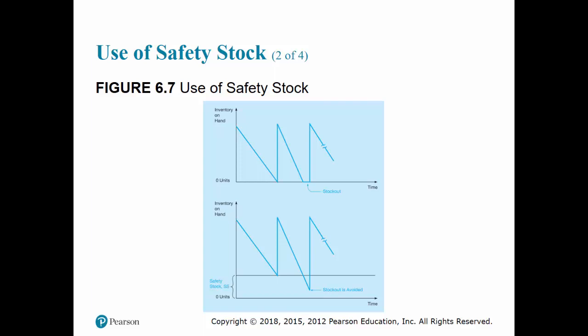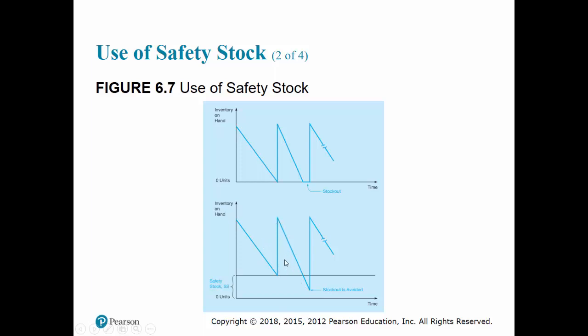So that's one thing. And the second thing is, whatever the variability may be, there is always going to be a probability of stock out. So for example, here, if the safety stock is smaller, like over here, then you would have run out of stock. If the safety stock is over here, then you wouldn't run out of stock even if the demand is really steep going this way.